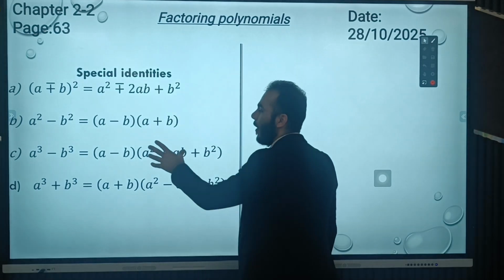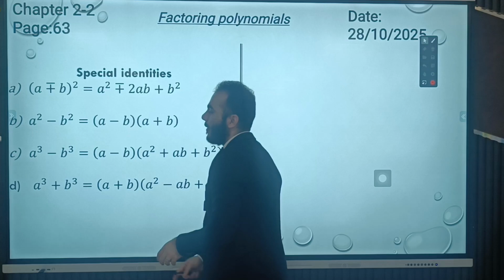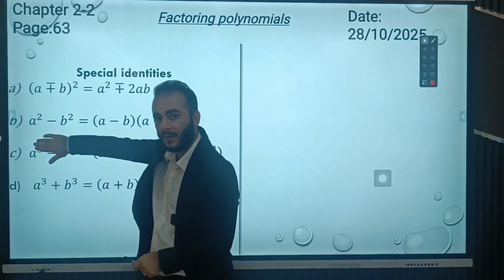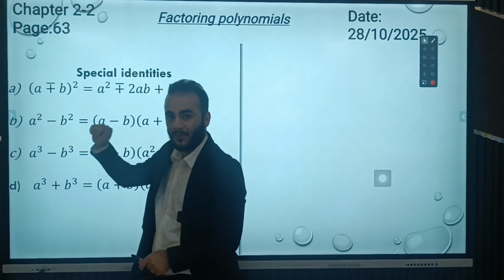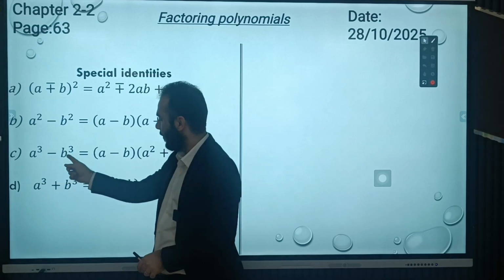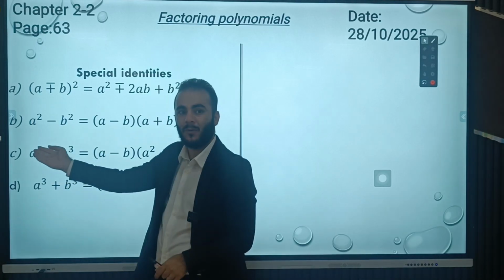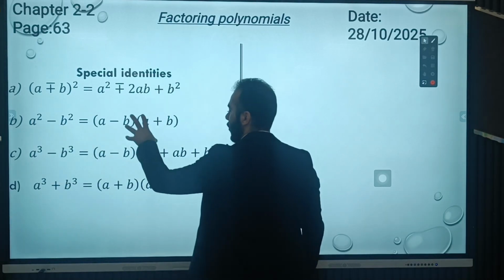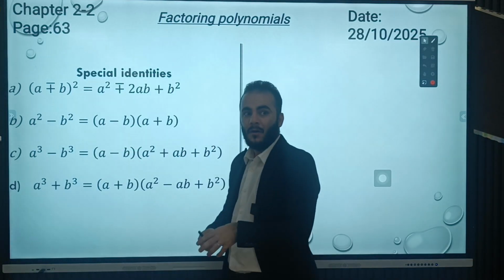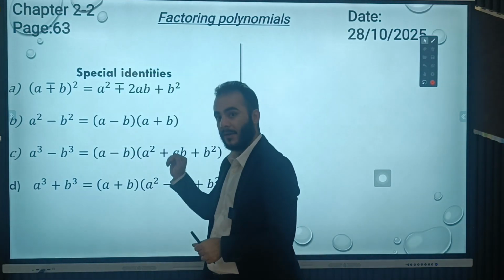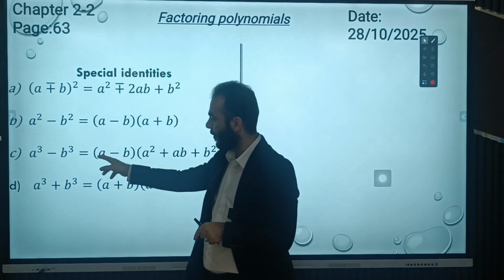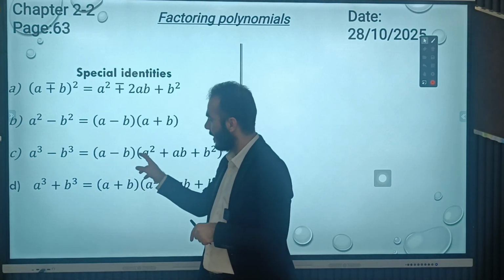In the small one, you write the bases without the exponent. As you can see here, we wrote only a minus b without the exponents. Then we work on the big one. First term square, so here the first term is a squared.